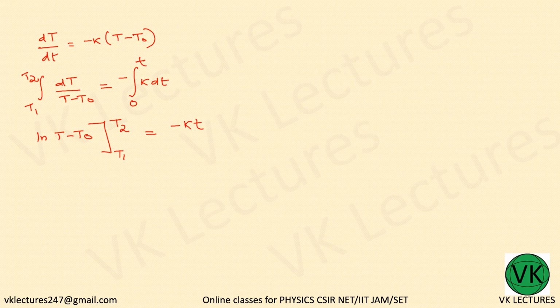Now substitute the upper limit first. So log of T2 minus T naught minus log of T1 minus T naught equal to minus kt. Now log a minus log b is nothing but log a by b.